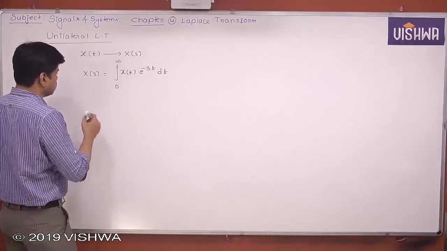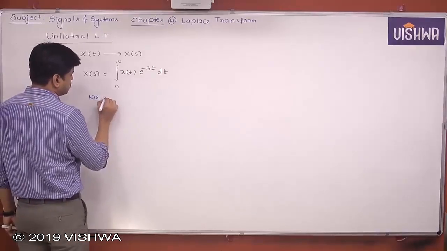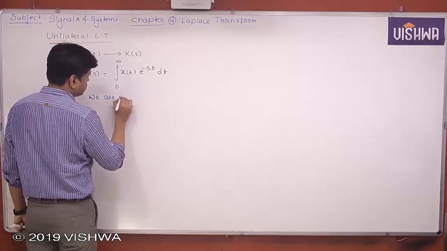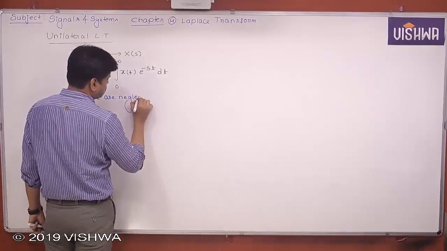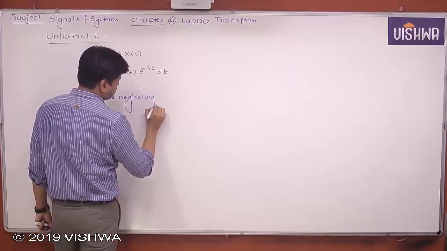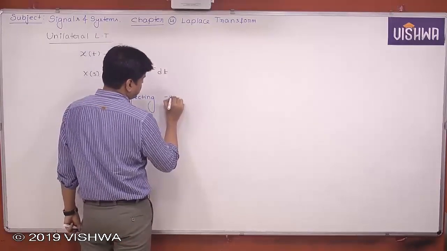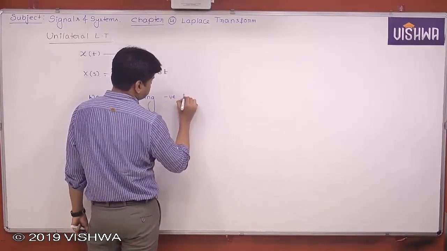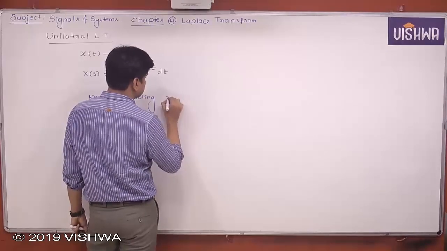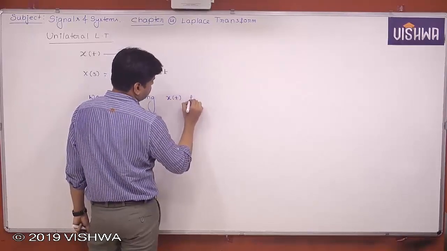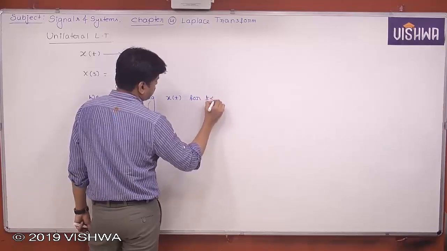We are neglecting the negative part of time. We are neglecting t less than 0. We are neglecting x of t for t less than 0.